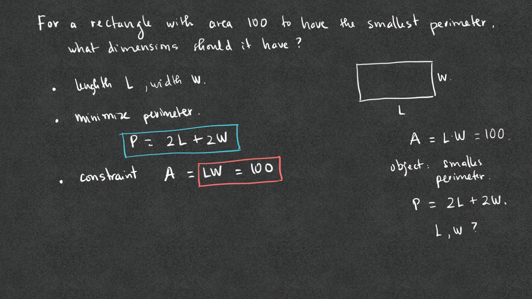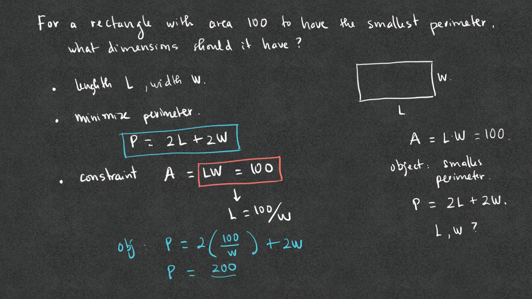This equation has two unknowns, so we will use the constraint to isolate one of the variables. If we isolate L, then we have 100 divided by W. We then rewrite the objective equation. The objective equation is now P equals 2 times L, but L is 100 over W, plus 2W. We simplify this to get 200 over W plus 2W.